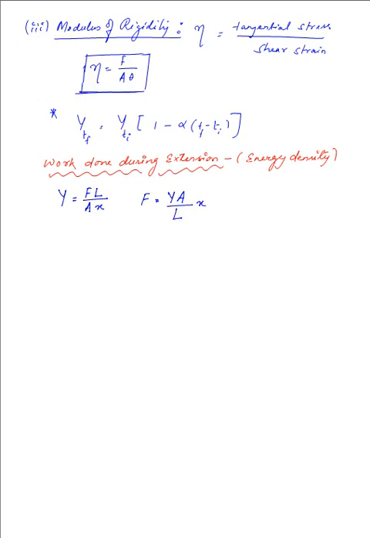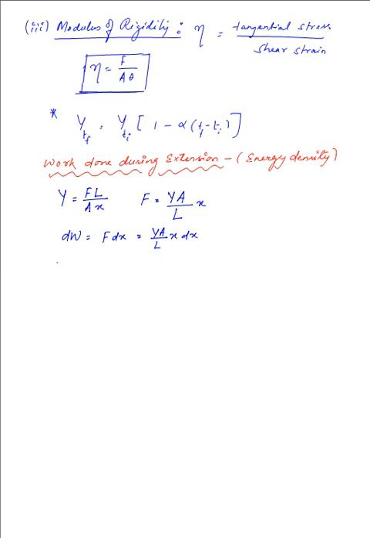Now if dW is the small amount of work done in order to extend the given object through a distance dx, lengthwise of course, then we have the work done equal to F times dx, and that will be equal to YA divided by L times x, multiplied with dx.